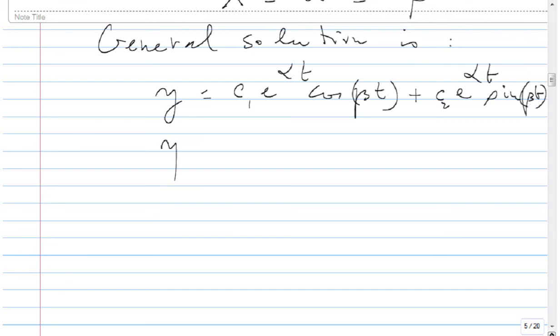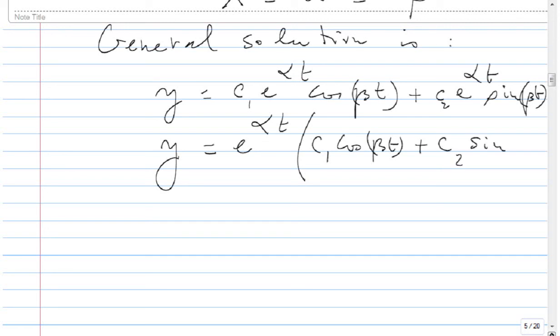Okay, I can factor out e to the alpha t, and then we get e to the alpha t times C1 cosine beta t plus C2 sine beta t.